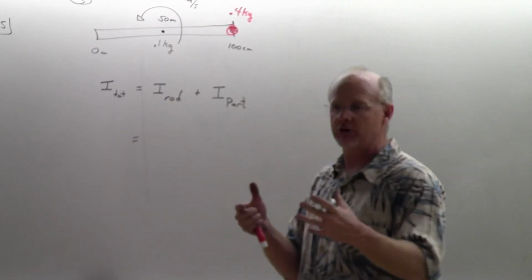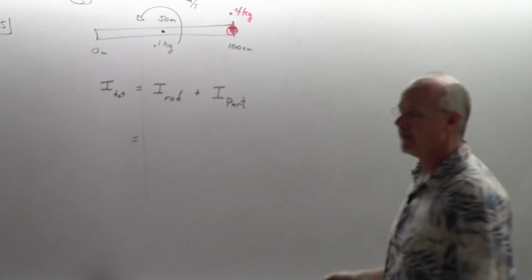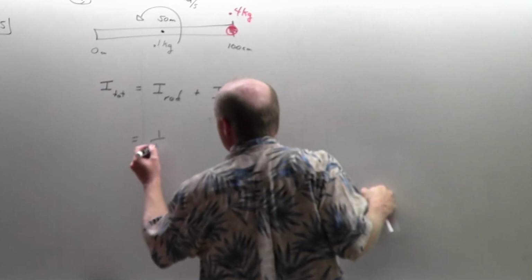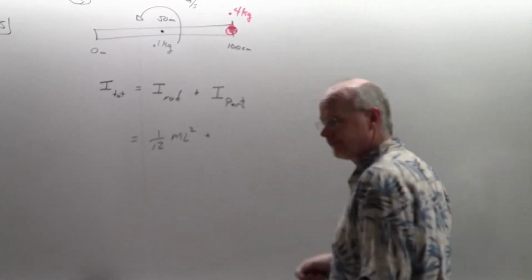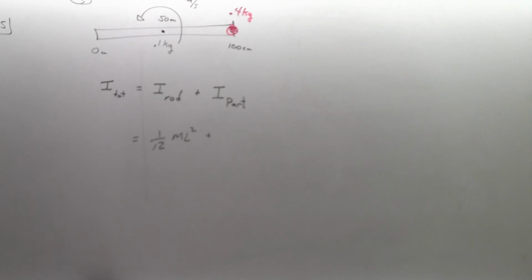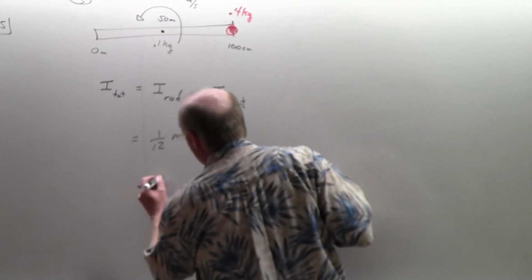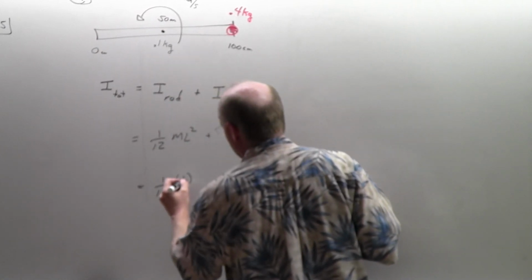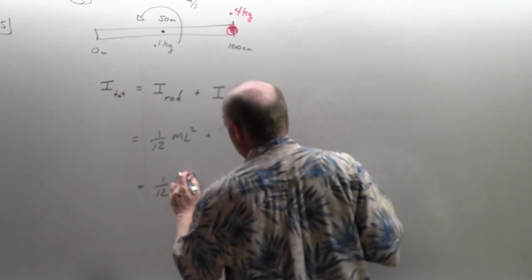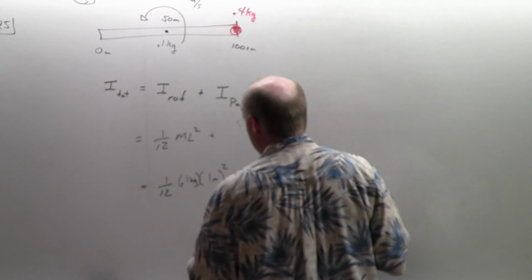Do you remember what is the rotational inertia of a rod about its center? Yeah, about its center it's 1/12 ml squared. And so there is my first step. In fact, I'll even put in the numbers here. There's the 1/12. The mass of this rod is 1/10 of a kilogram. The length of the rod is 1 meter.